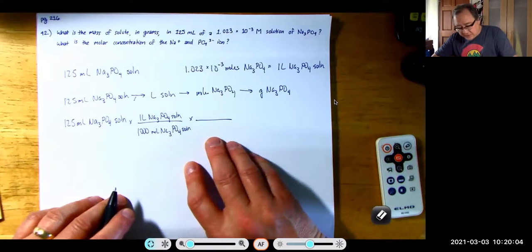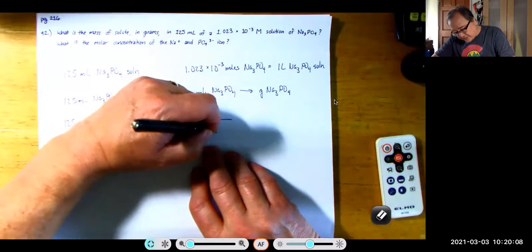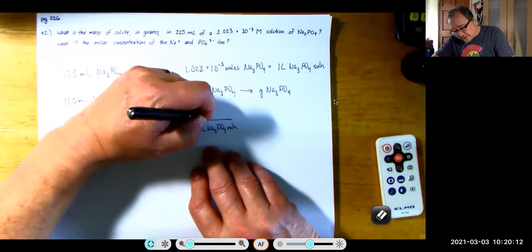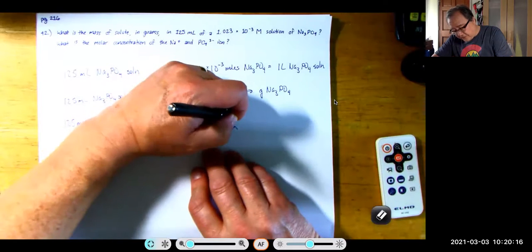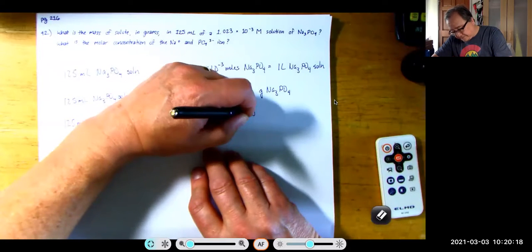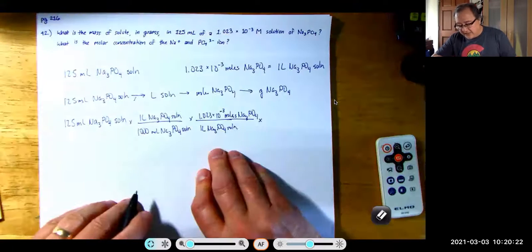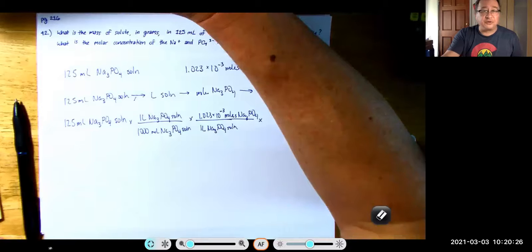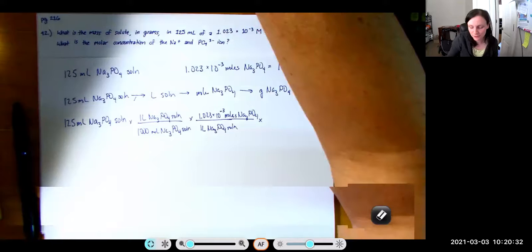So I'm going to put 1 liter of sodium phosphate solution on the bottom and 1.023 times 10 to the minus 3 moles of sodium phosphate on top. And then lastly, I need the molar mass of sodium phosphate, and I'm just going to Google it. Okay. I'm running out of room.